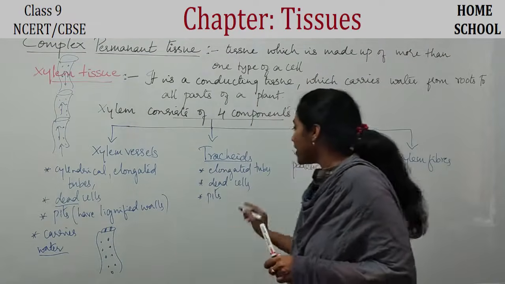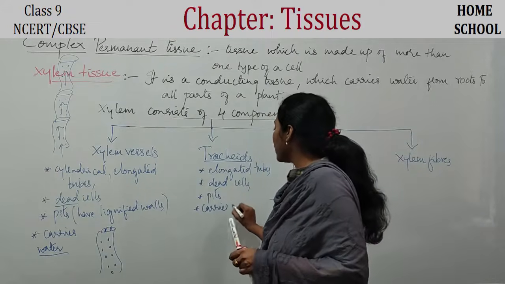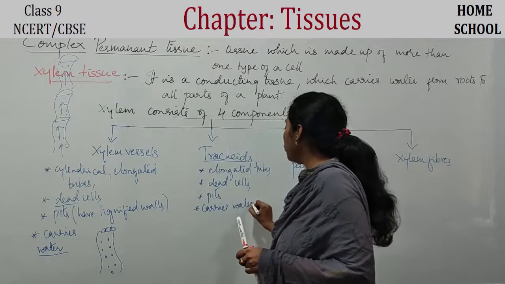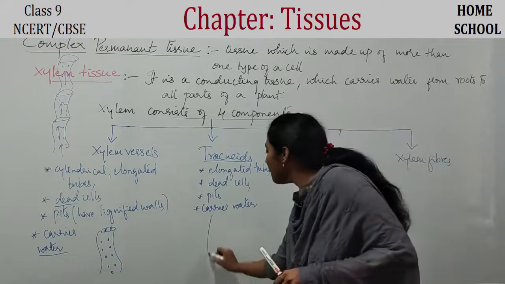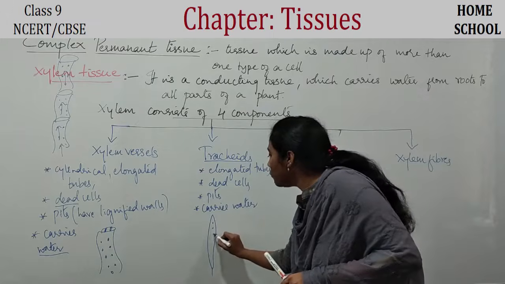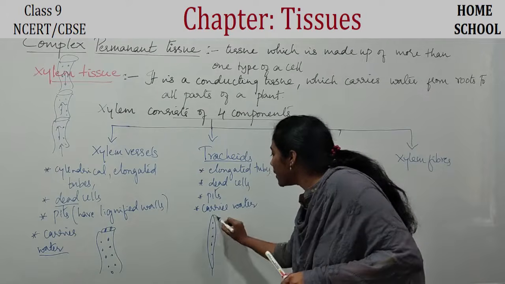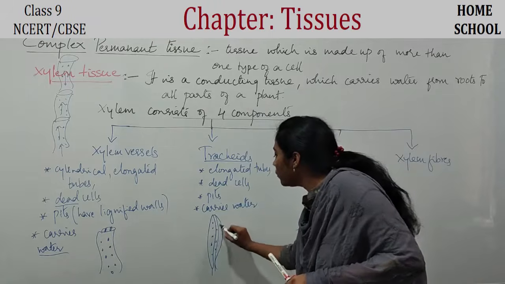Clear? See, these guys also carry water, okay, from roots to all parts of a plant. You know how they look? But their structure is quite different. Okay, so this is how they look. You know, this is how they look.